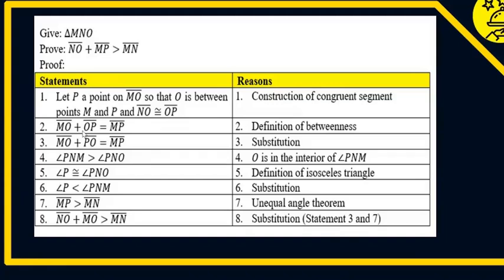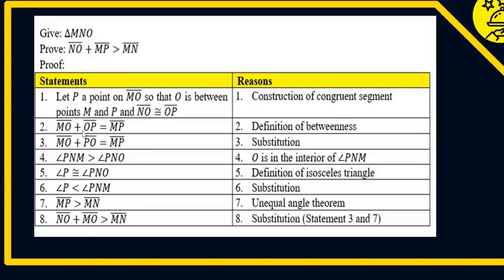So we have here that the angle PNM is greater than the angle PNO, since O is in the interior of angle PNM. The angle P is congruent to angle PNO by the definition of isosceles triangles.